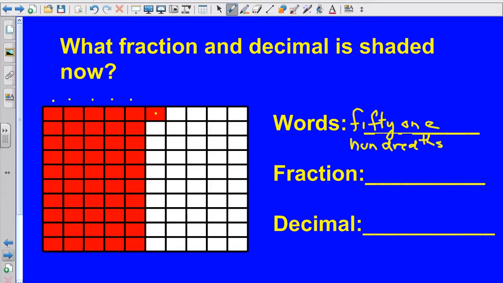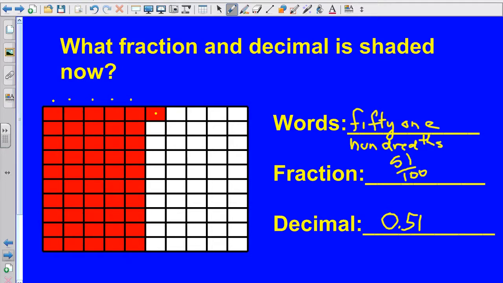As a fraction, Cole. 15 or 50? 51. 51 over? 100. There you go. 51 over 100. As a decimal, Leon. 0.51.